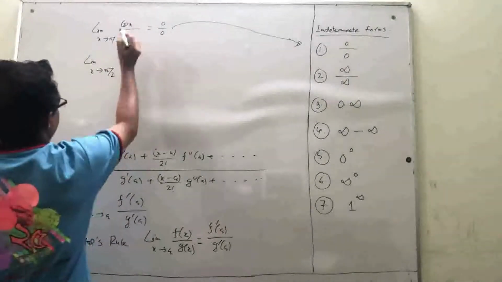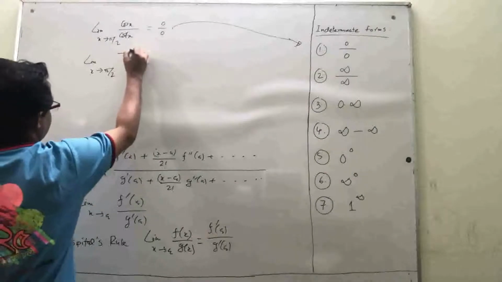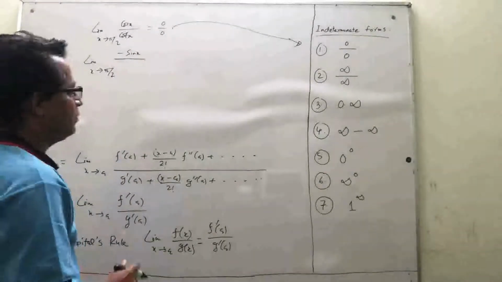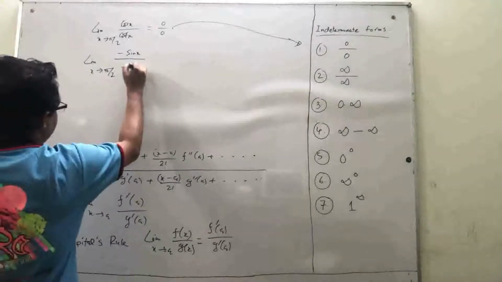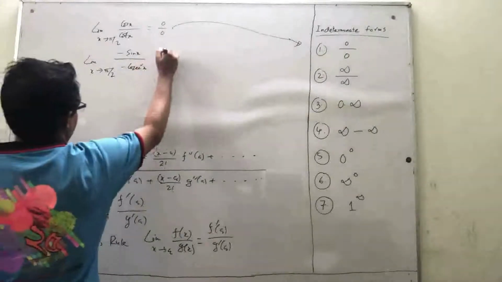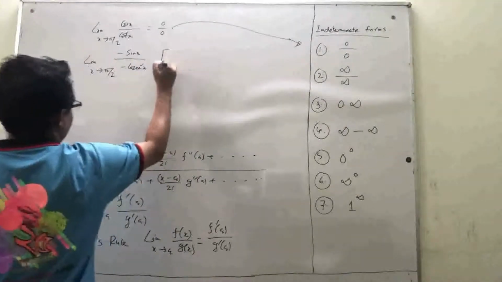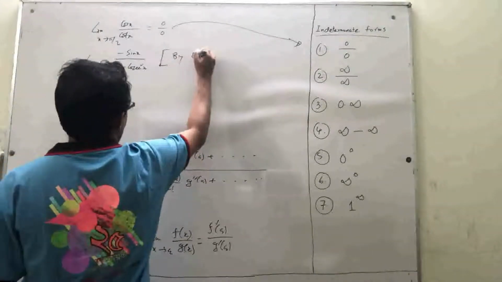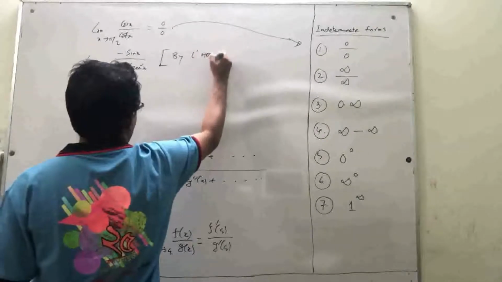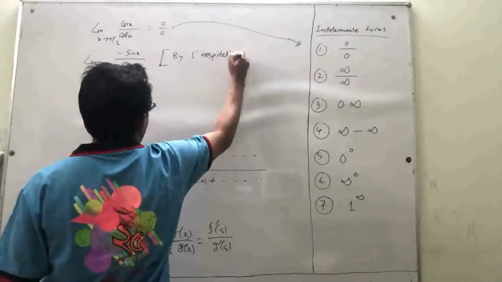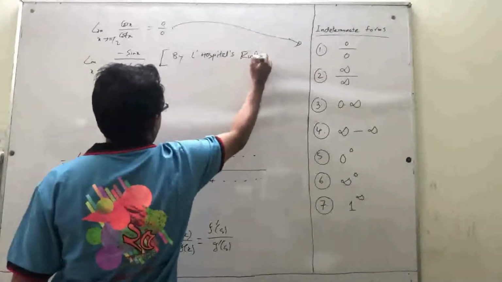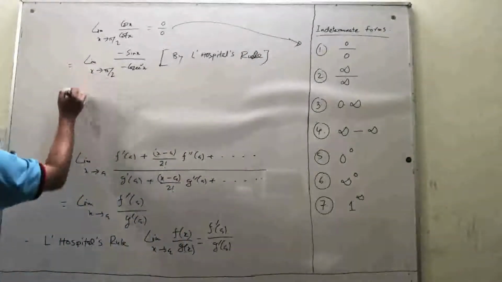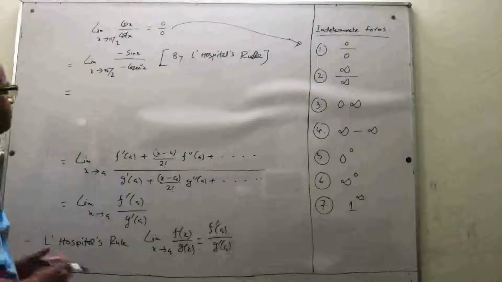So the derivative of cos x we know is minus sin x. Also the derivative of cot x we know is minus cosec square x. Here, by L'Hospital's rule we can calculate this.